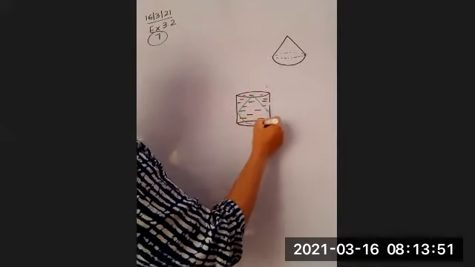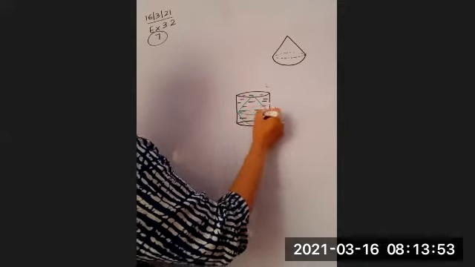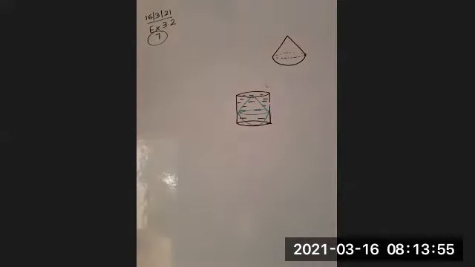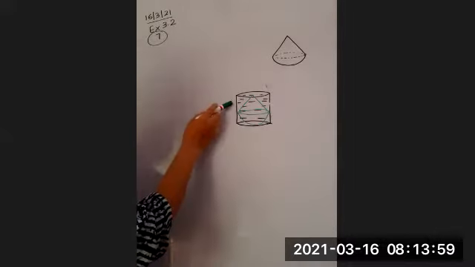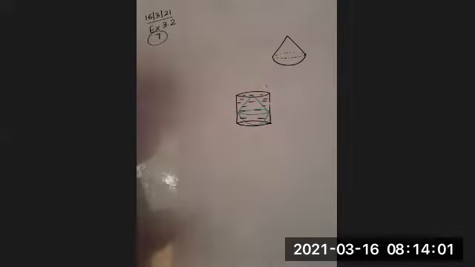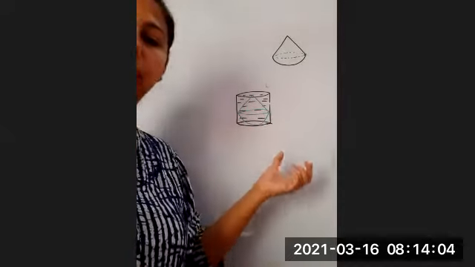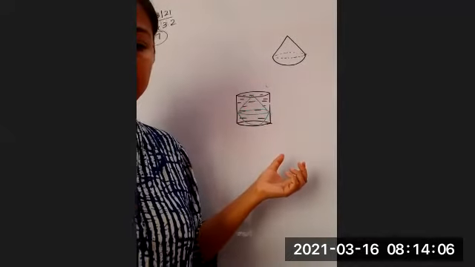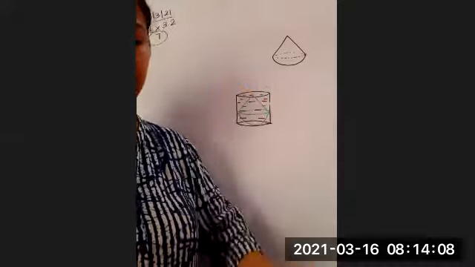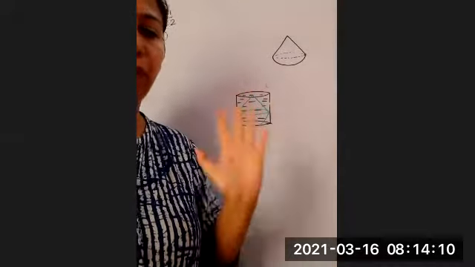So you have placed it like this. Getting my point? Since the cylinder was full of water, when a solid is placed in it, will the water flow out? Yes, ma'am. Some water will definitely flow out.